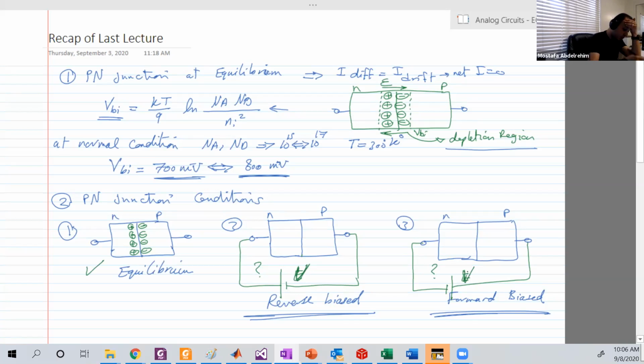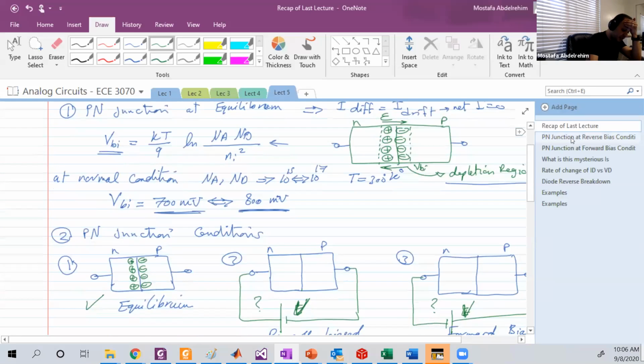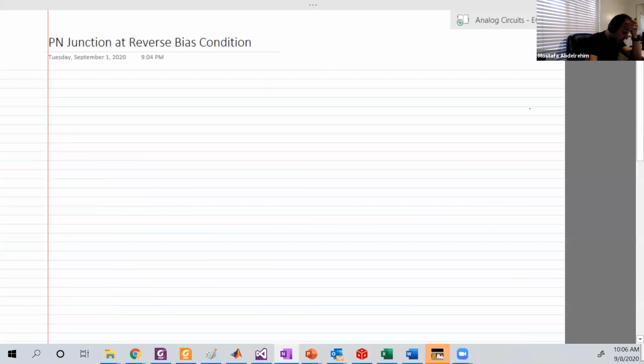Okay, good. So let's first explore the p-n junction at reverse bias condition. Basically we have our p-n junction, and from equilibrium, just before connecting the battery, we have the positive ions here and the negative ions here.